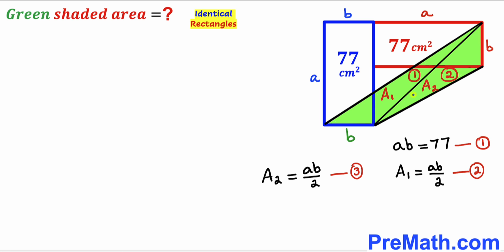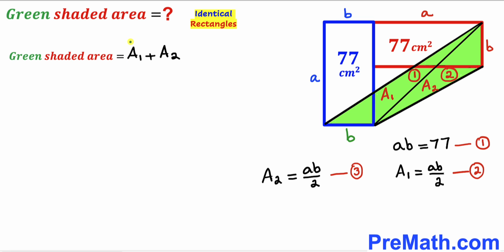And now let's make an observation. We can see this whole green shaded region area is going to be equal to the sum of these two individual triangles. The area of this first triangle is a sub 1 and the area of the other triangle is a sub 2. So therefore we can write down the green shaded region area is going to be a sub 1 plus a sub 2.